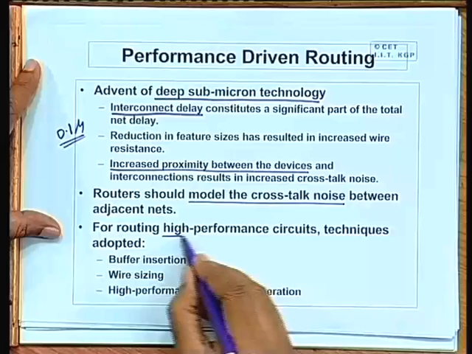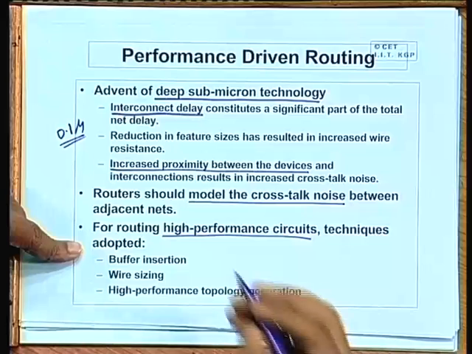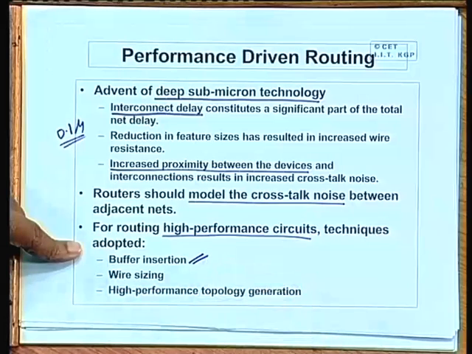So for high performance circuits, the routers also have to do other things like buffer insertion. In order to reduce the interconnection delay, periodically you will have to insert some buffers to regenerate the signal, because if it is a long wire, the capacitive load on it will be much larger. But if you insert a buffer in between, the total delay will decrease.